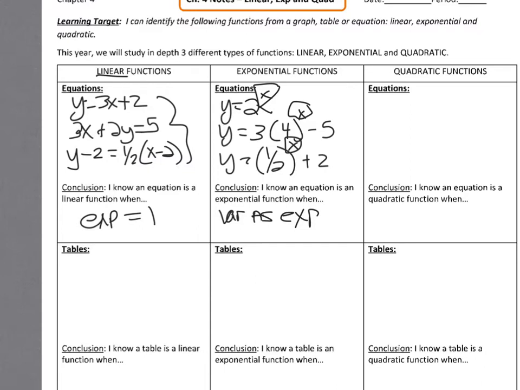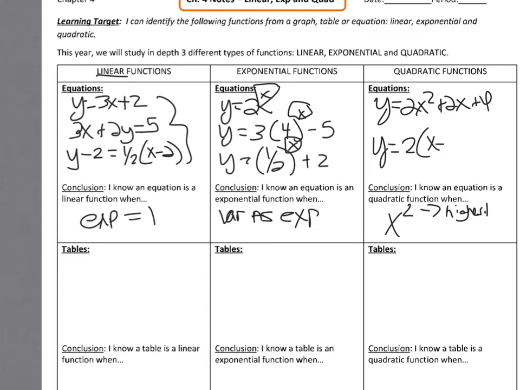Quadratics, we know that they're going to have x squared. It's the highest exponent. So like y equals 2x squared plus 2x plus 4. That's standard form quadratic. You could also see it in vertex form, which would be like 2 times (x minus 3) squared plus 6.